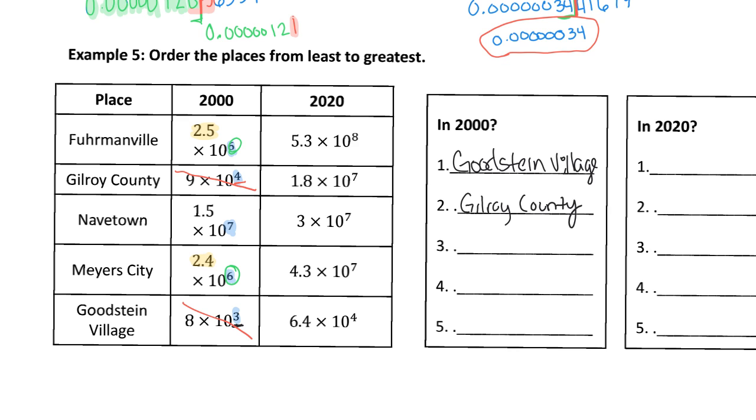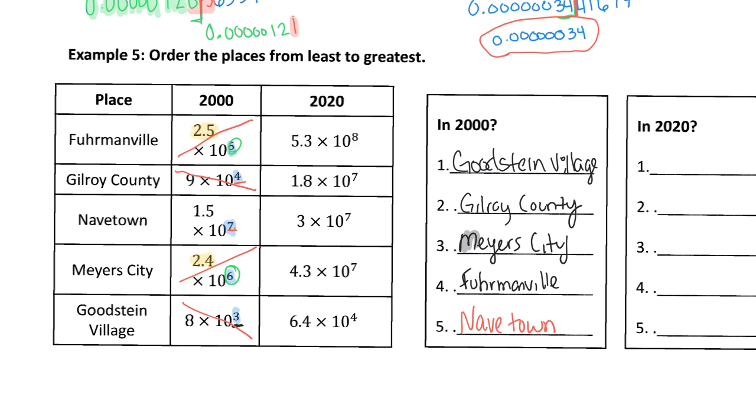And then of those C values, which number's smaller? Is it 2.4 or 2.5 that's smaller? Okay, so in this case, it's Myers City that's smaller. So that's what we're going to put first. So Myers City. And then Furmanville. Which means we've crossed off 2 more things. And that leaves us lastly with Navetown.